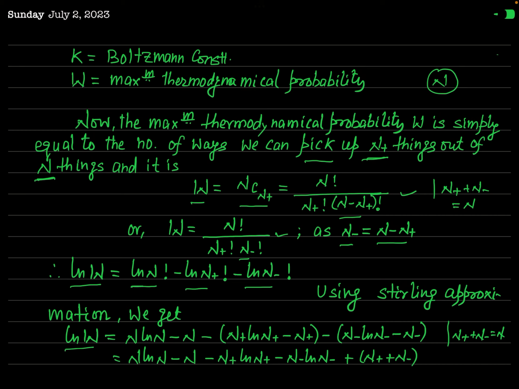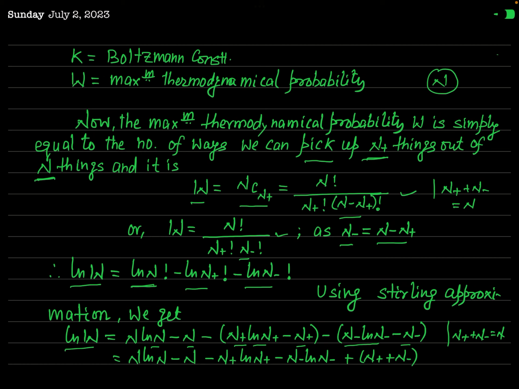For ln n factorial, according to Stirling approximation, we will write n ln n minus n. And for ln n plus factorial, we will write n plus times ln n plus minus n plus. And similarly for ln n minus factorial, you will write n minus ln n minus minus n minus.